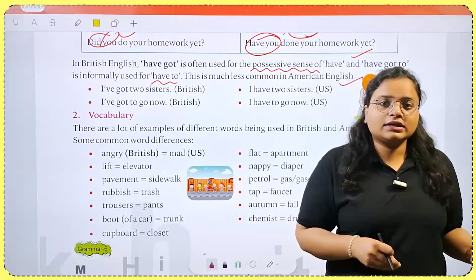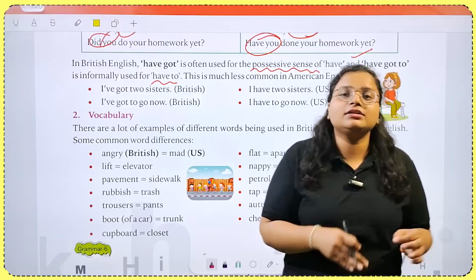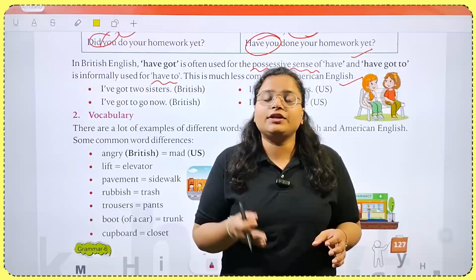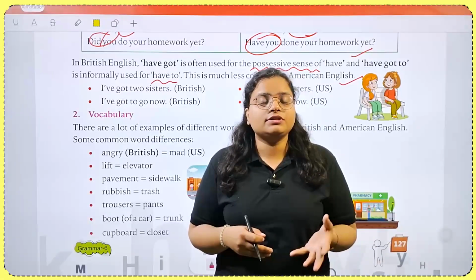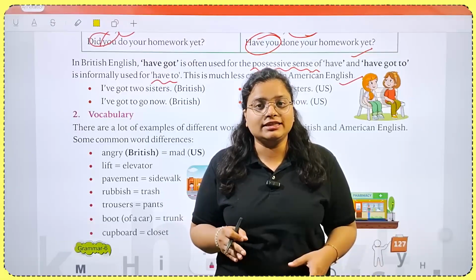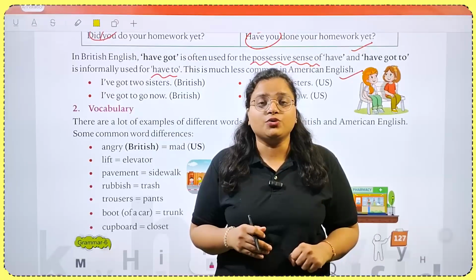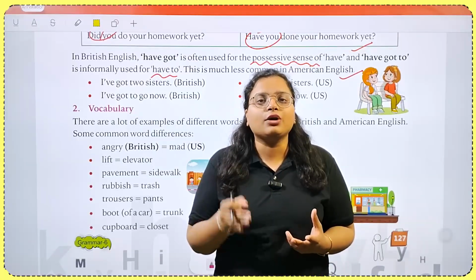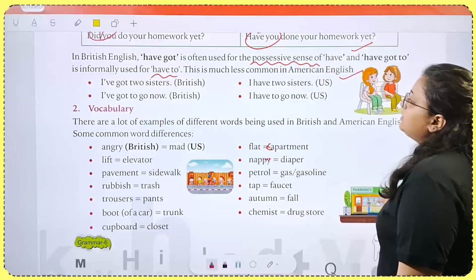People from particular states speak Hindi very differently compared to other states. The Hindi spoken in Delhi is very different from the Hindi spoken in UP. Why? Because language changes from place to place, and so does the vocabulary.